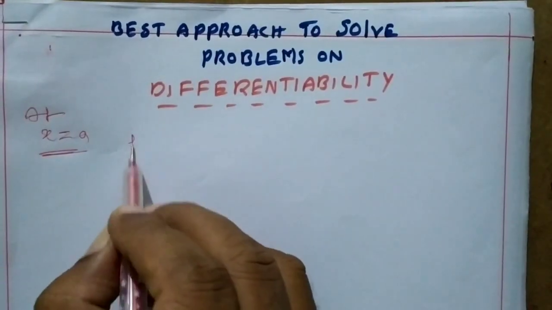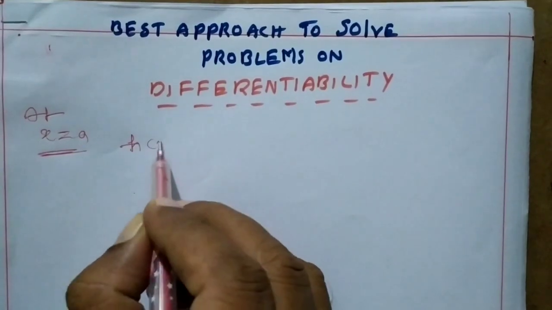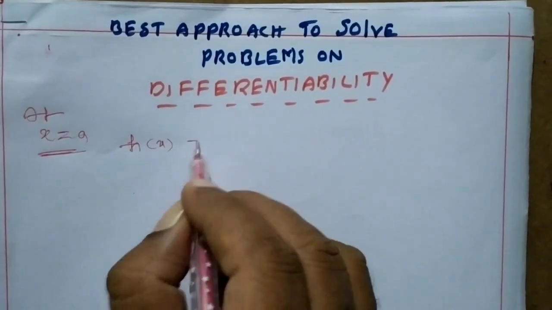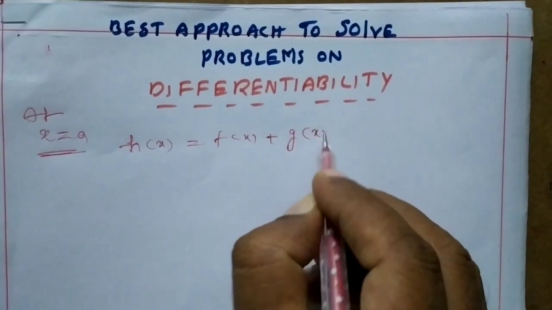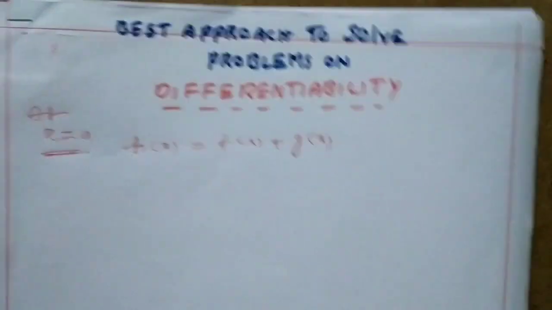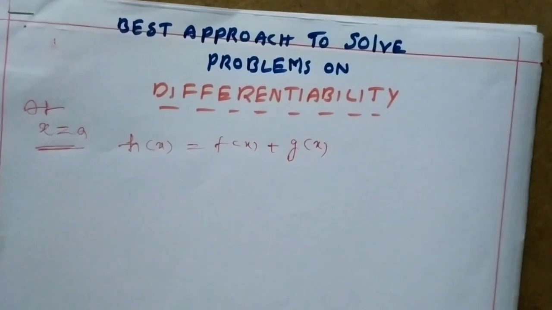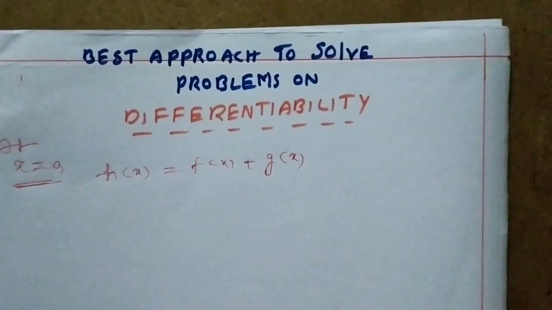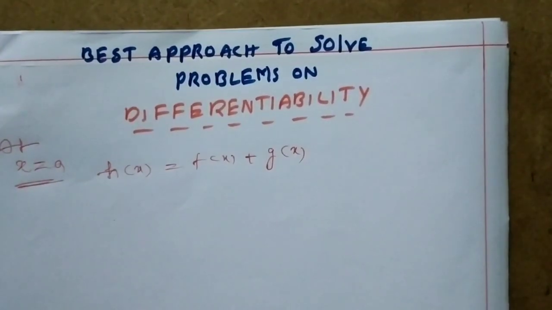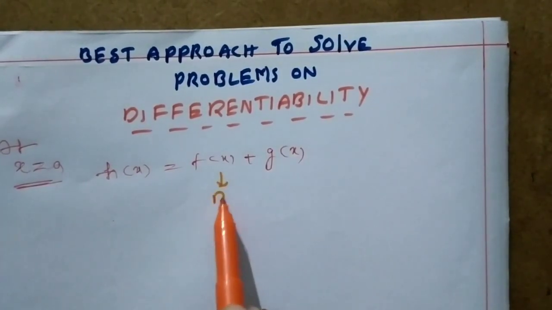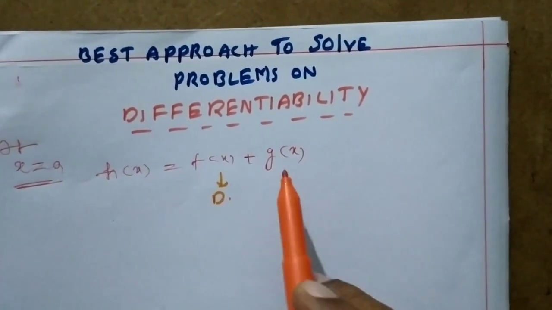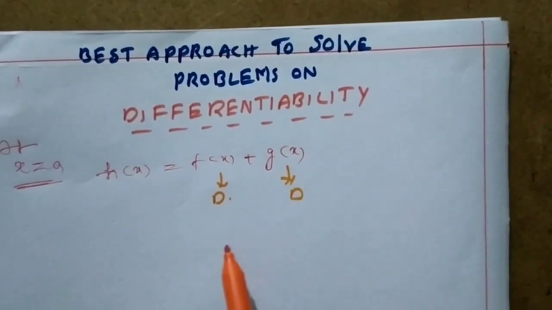Let's try. At x is equal to a, let us consider h of x is equal to f of x plus g of x. These are two functions. Suppose f of x is a differentiable function at x is equal to a and g of x is also a differentiable function.